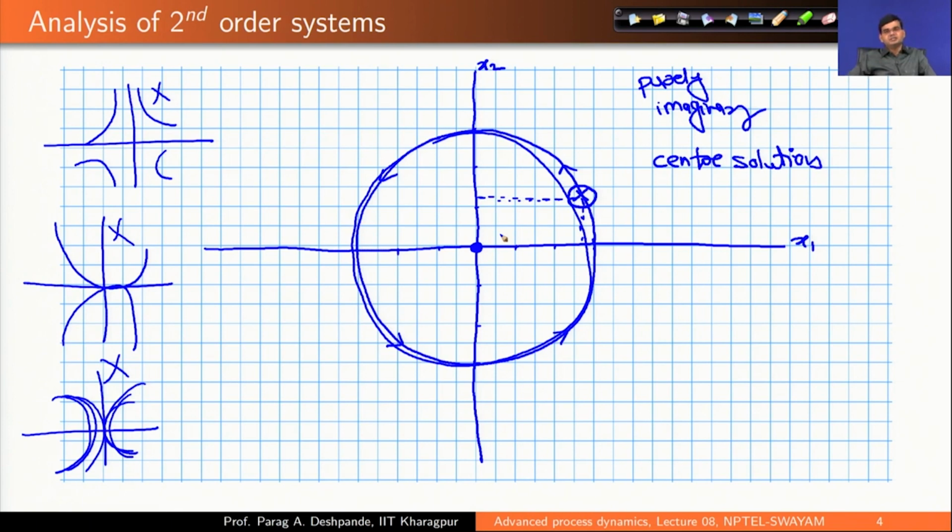This is a typical behavior when you have a system where the eigenvalues are given as purely imaginary numbers.